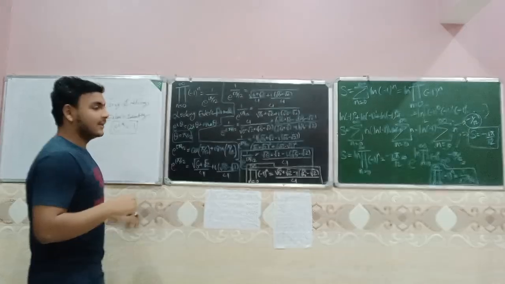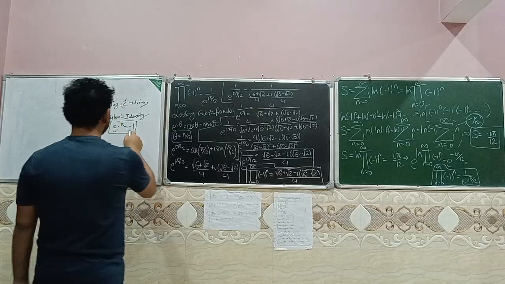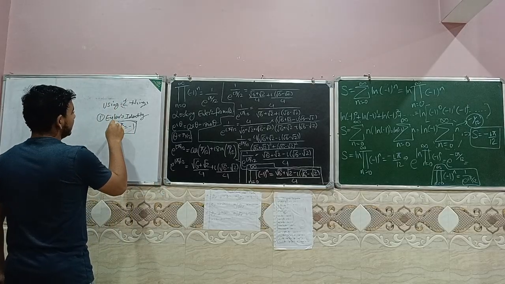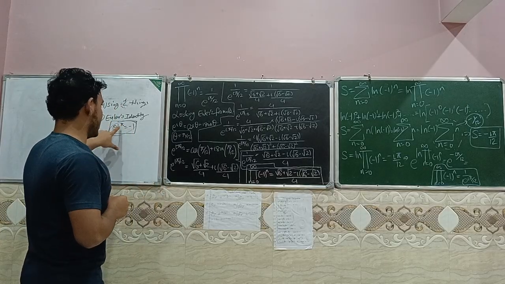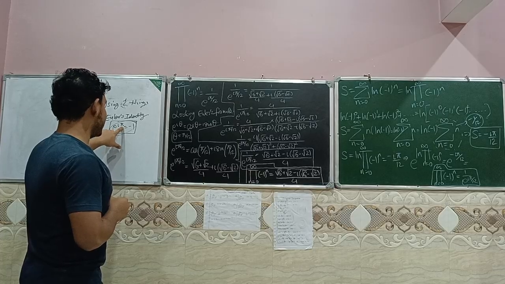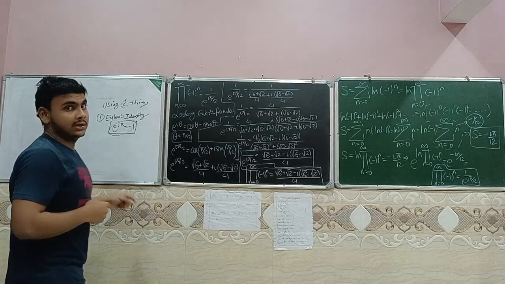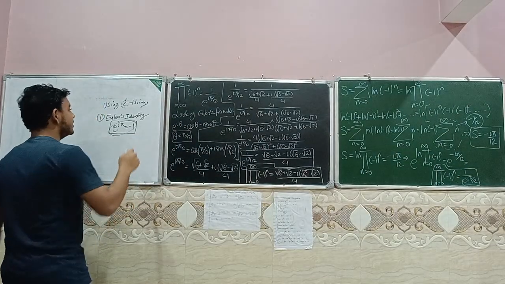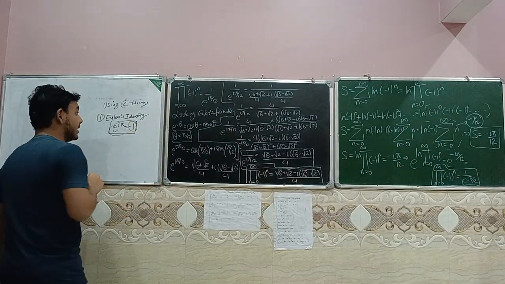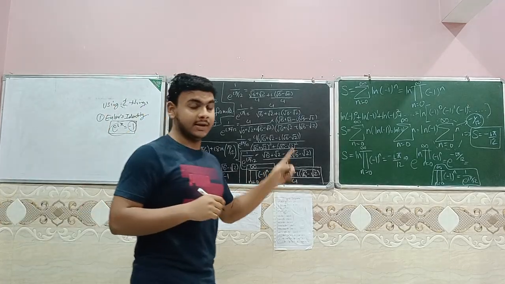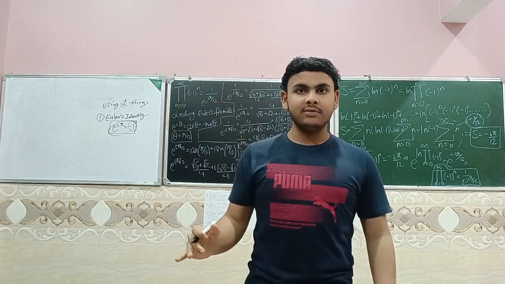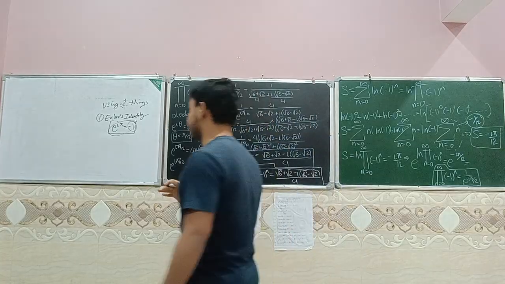So e is a constant, i is the imaginary unit, and pi is a constant. When Euler combined all three, you get -1. It's really unbelievable and really impressive, right?